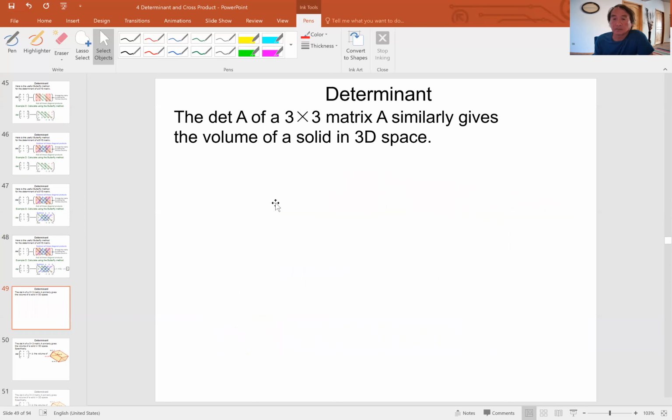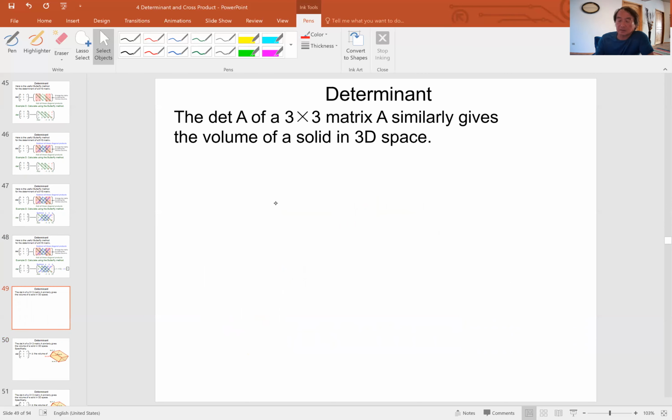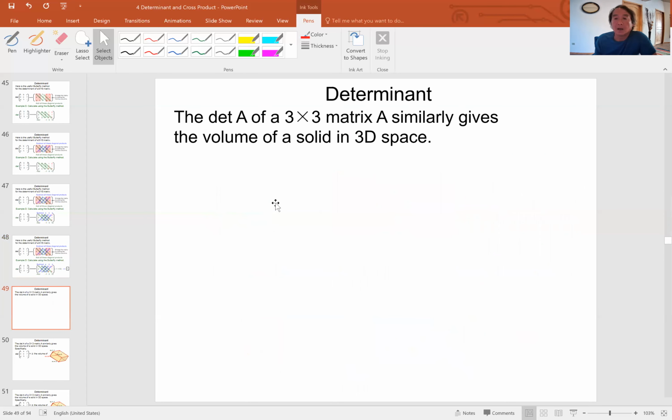This is called the butterfly method, and it's good when you want a fast calculation for a 3x3 matrix. It doesn't work for 4x4 or any other size. It only works for 3x3. Fortunately, the cross product is 3x3, so we can use this method if we want to, or the expansion method.